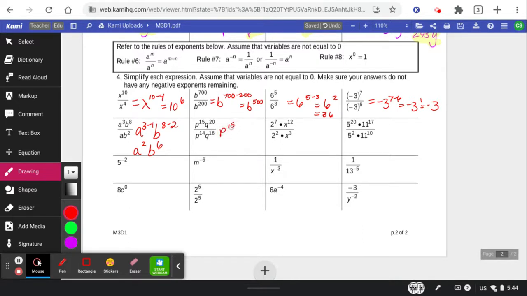P to the 15 minus 14, q to the 20 minus 16 leaves me p to the invisible 1, q to the 4th. 2 to the 7 minus 2, x to the 12 minus 3, 2 to the 5th, x to the 9th. We could also simplify that to 32x to the 9th. 5 to the 20 minus 2, 11 to the 17 minus 10, leaves me 5 to the 18th, 11 to the 7th.